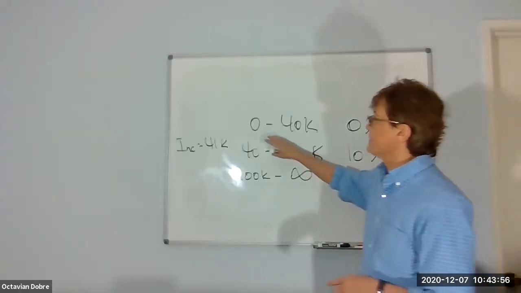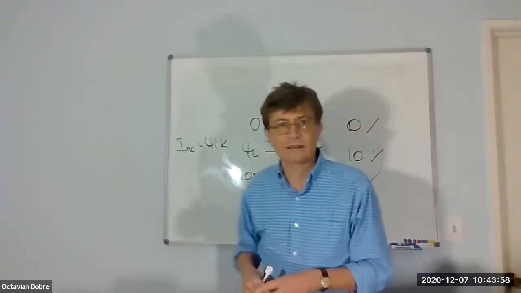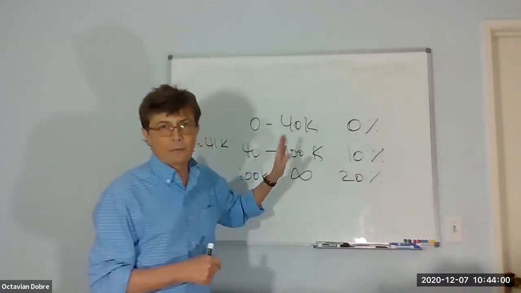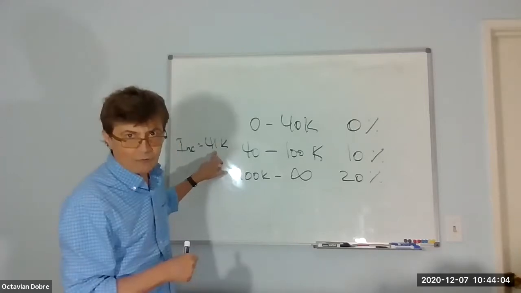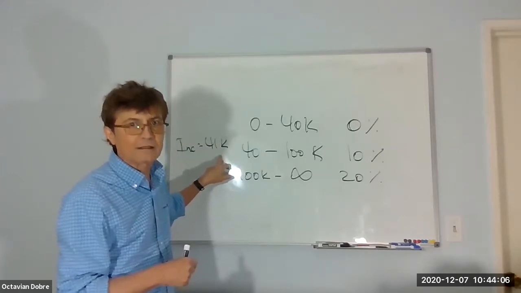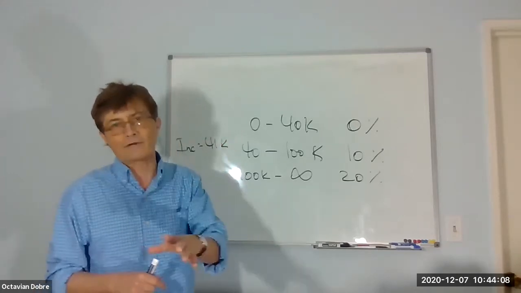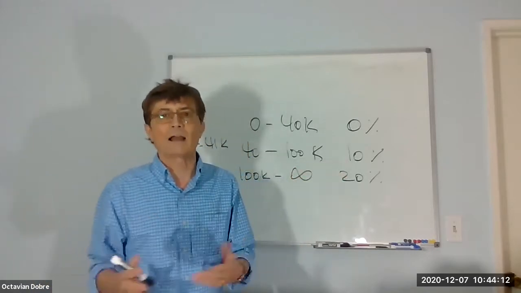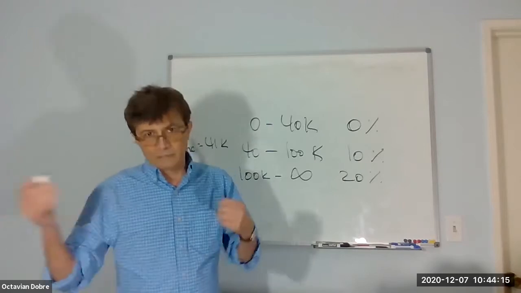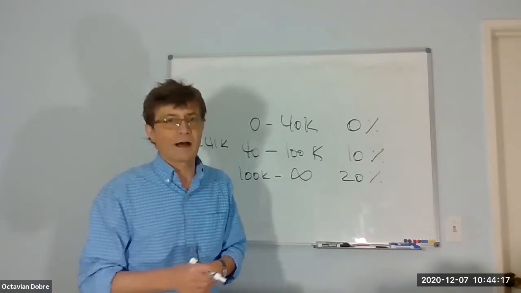You're absolutely right, because the first $40,000 is taxed at 0%, so you pay nothing. But then you're going to have to pay taxes going from $40,000 to $41,000. So you're going to pay taxes on $1,000. And since the tax rate is 10% on that $1,000, you owe 10% of $1,000, or $100.